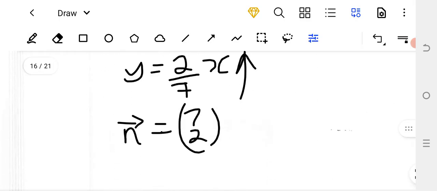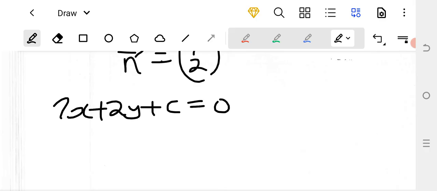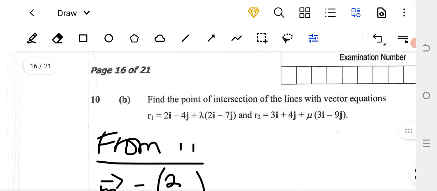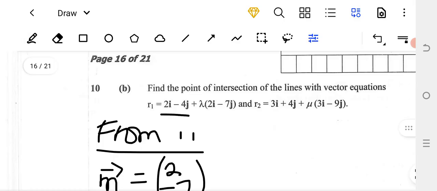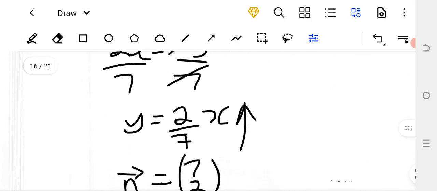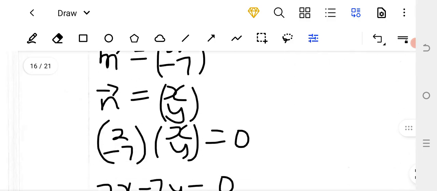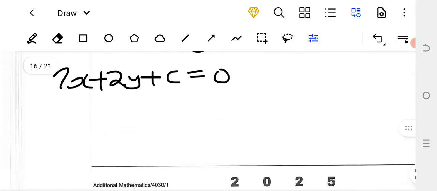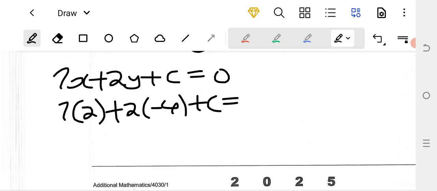So what are we doing right now? We are trying to form our first equation. So we are going to say 7x plus 2y plus c is equal to 0. And then here we're going to get these coordinates, which is (2, negative 4). So 7 multiplied by positive 2 plus 2 multiplied by negative 4 plus c is equal to 0.